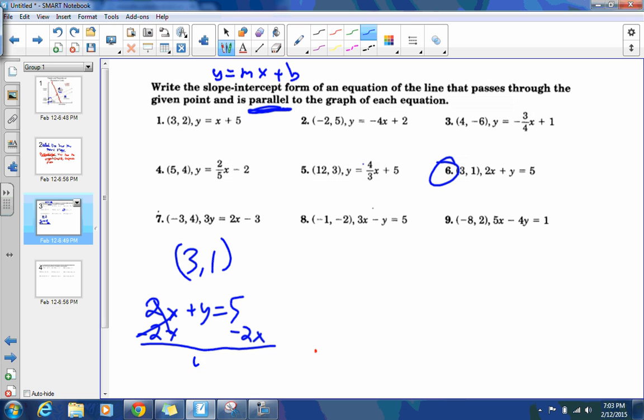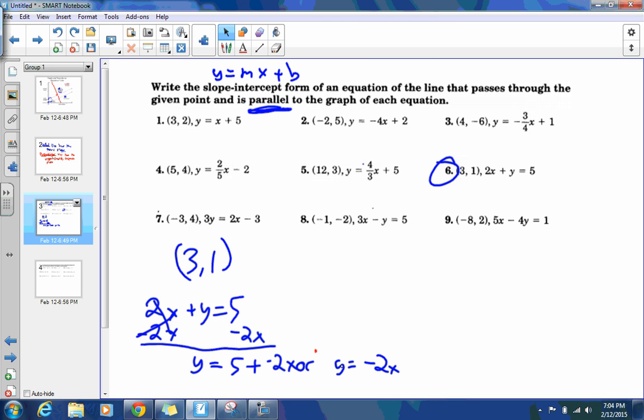You're left with y equals 5 plus negative 2x, or we can switch it around and say y equals negative 2x plus 5. So then it's in our slope-intercept form.